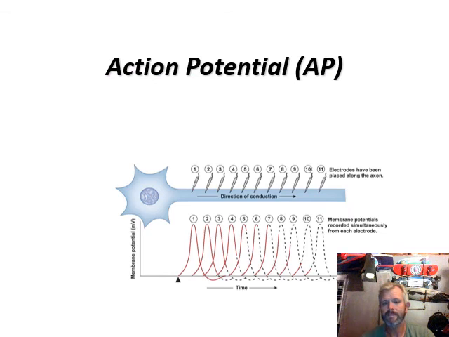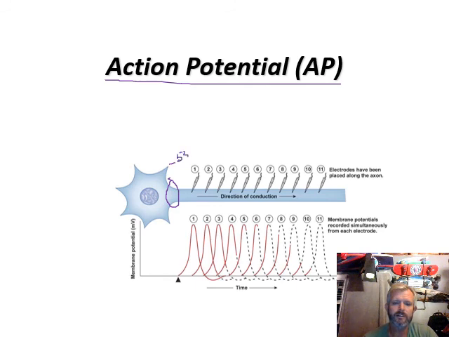And ultimately, those graded potentials are going to cue, if we reach that -55 threshold here, our action potential. This is what our action potential will look like. And look as we measure down.